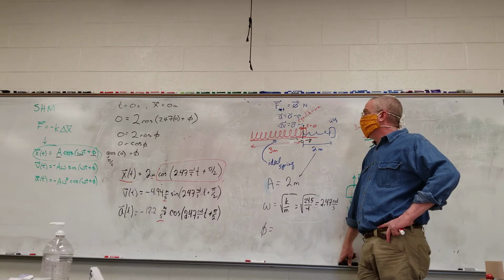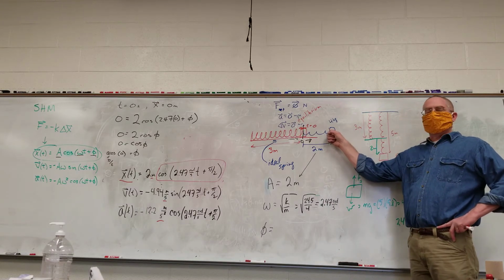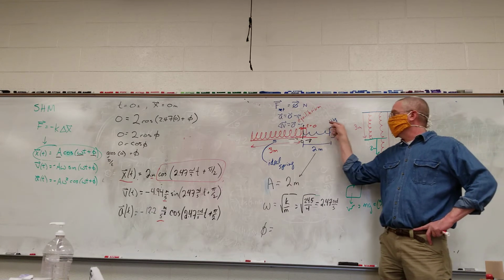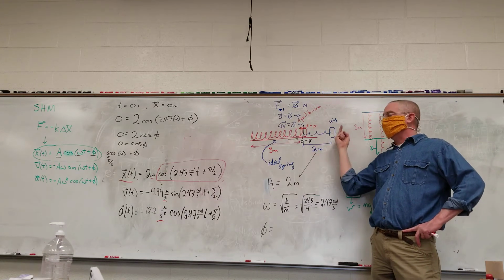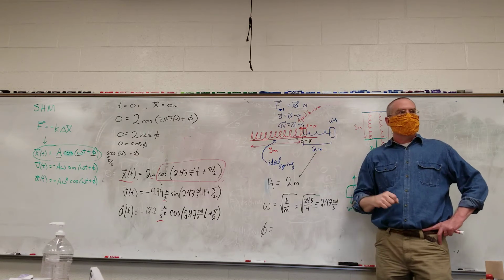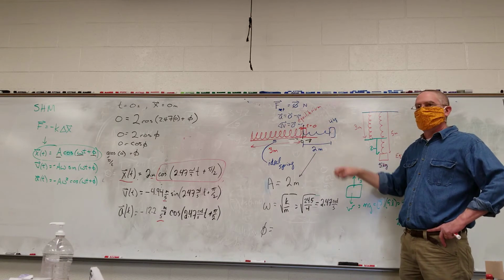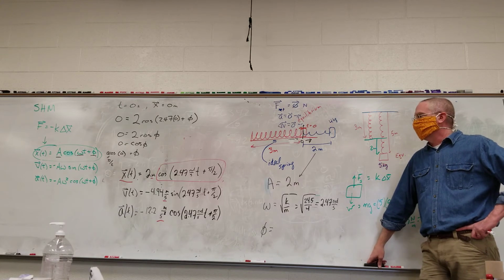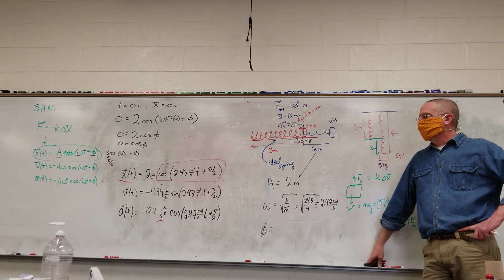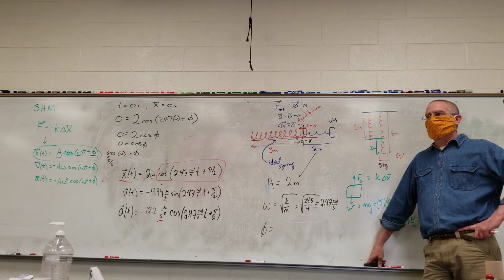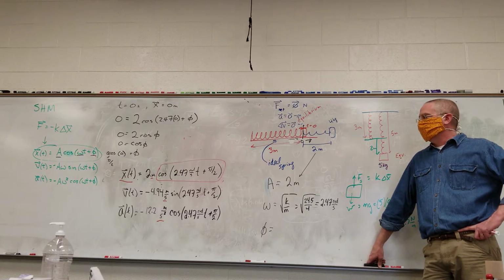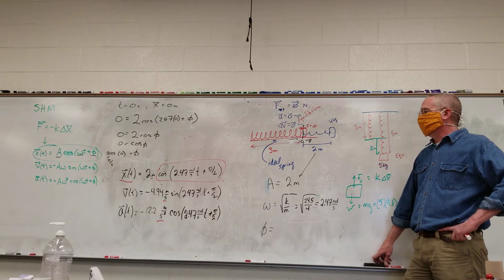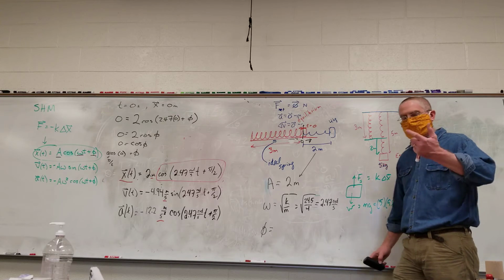All right, at what time is the object here? We start the clock when the mass is moving that way, so it has to go down, back over to here, and then back to there. How would you figure out the time when it's here? You would find when the velocity is equal to 0. So let's find out when the velocity is equal to 0.